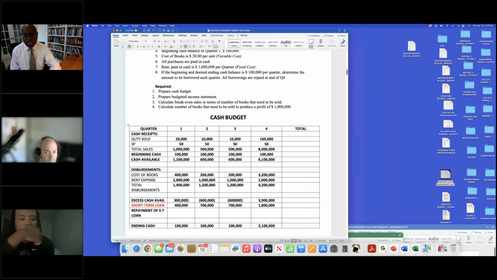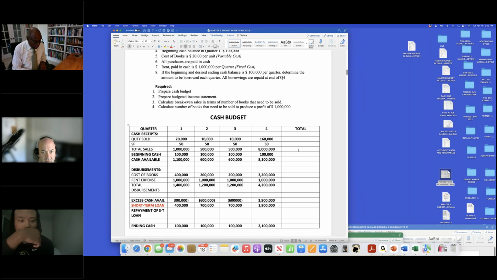So what you've got to be able to do with your business is show this to the bank and say, if we add up our total sales, the total sales are what? $10 million.